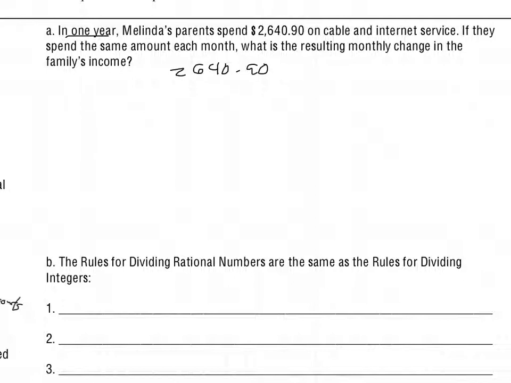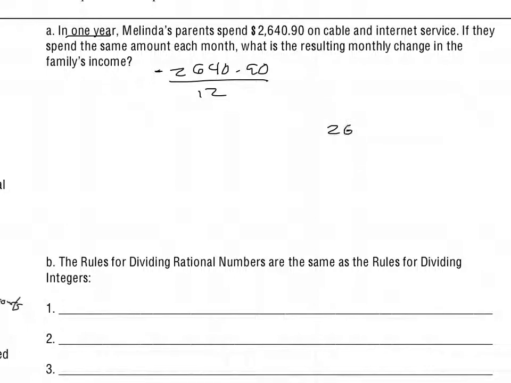We're taking 1 year, so we're breaking it up into 12 different months. That was a spend of negative, and so we want to go ahead and do this division.